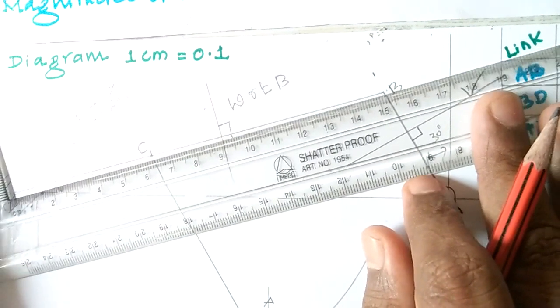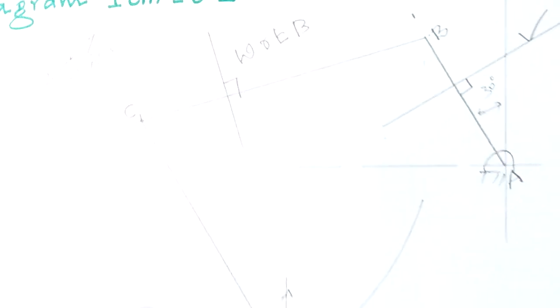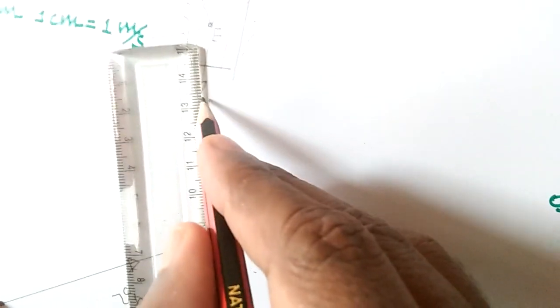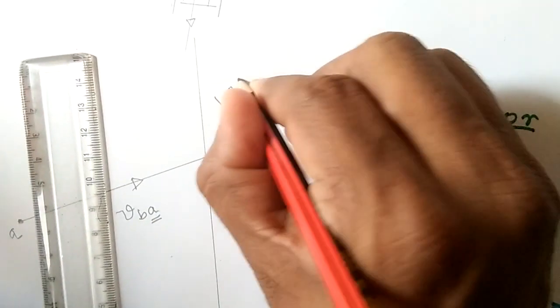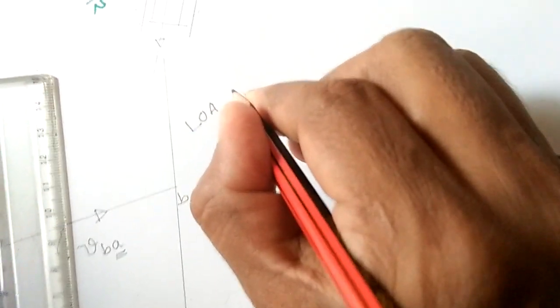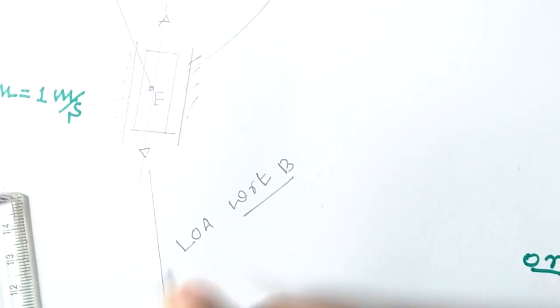I will go for the line of action because the B point is known. B is already known. You have to draw the line of action. This is the line of action of that link with respect to B.